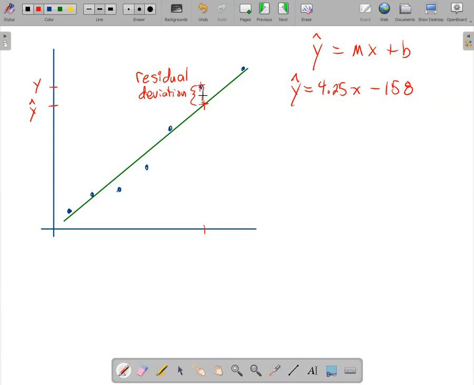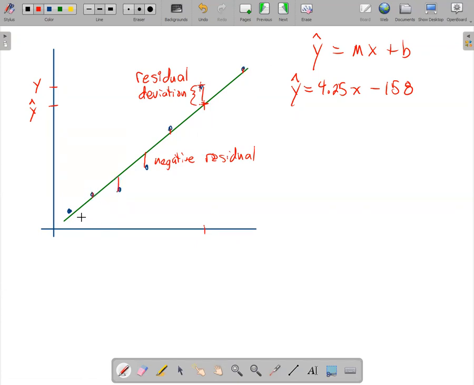So here I have a residual that's positive because it's above the line. Down here, I have a negative residual. Sometimes the residual is very small, like this point in between has a very small positive residual. This, I think, is a very small positive residual. Here I have a negative residual.